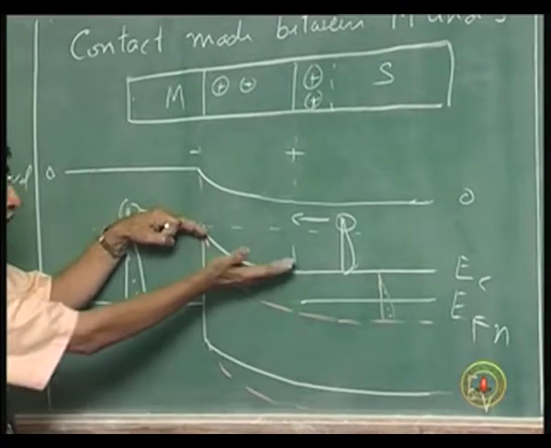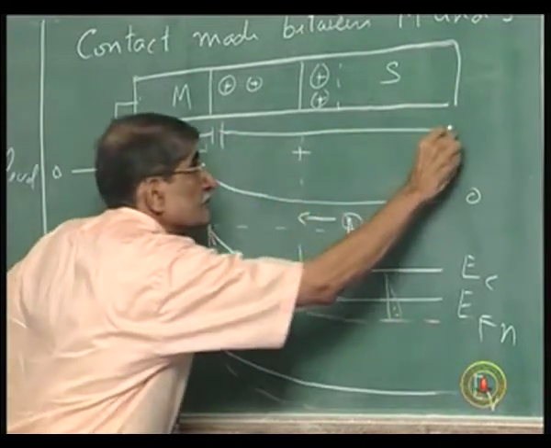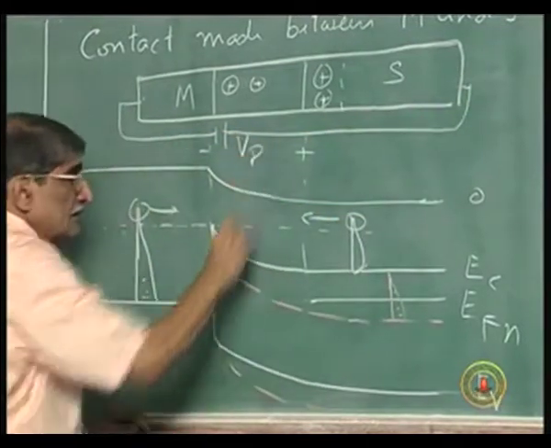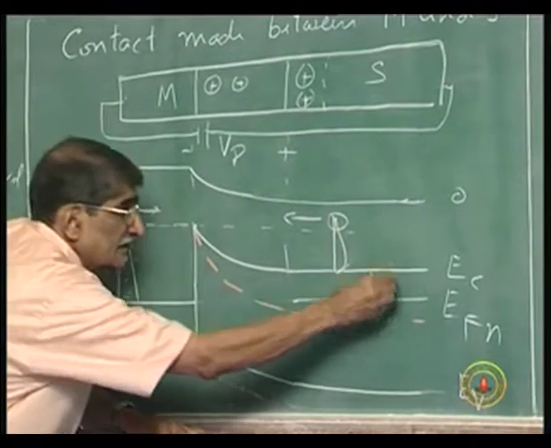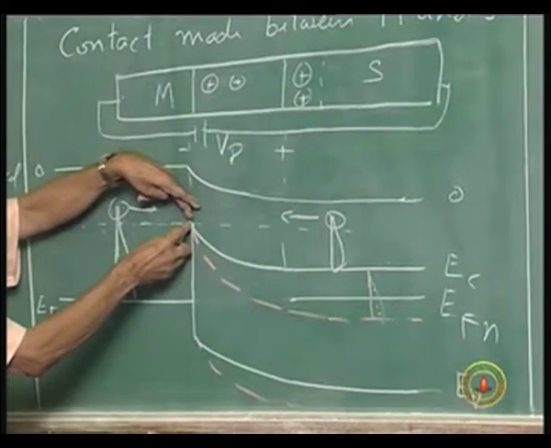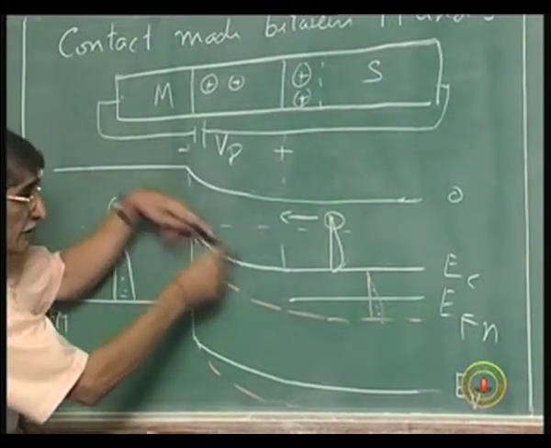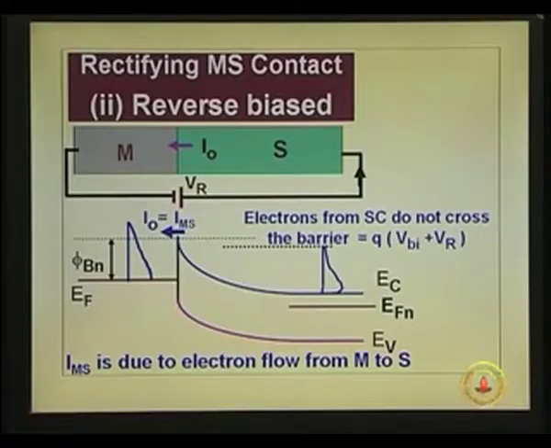Now, when this level goes down with this reverse bias, which made it more positive, V r, this will go down by an amount equal to V r. So this entire E c will go down by V r. Whatever tip was here above this has moved down below that. Going back to this point, this is the top of the barrier.